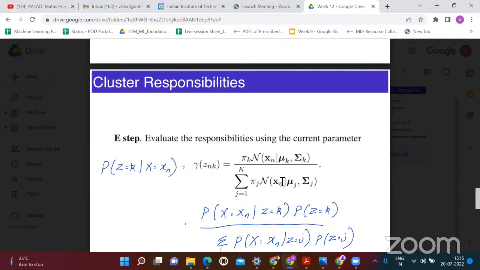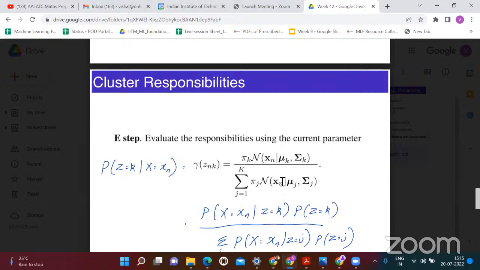So what we'll try to do is, in the starting, take some random values.